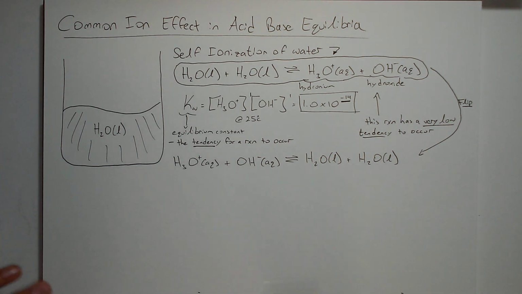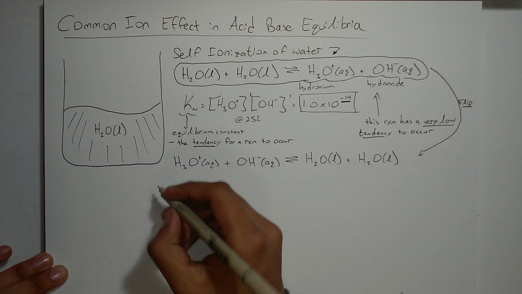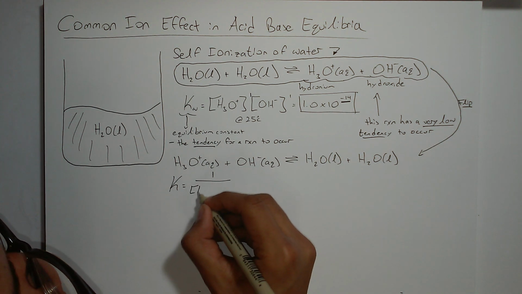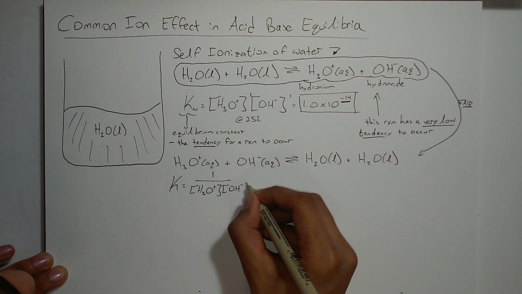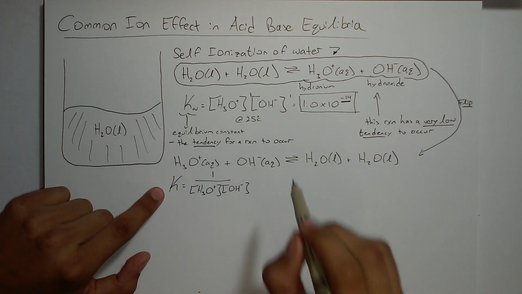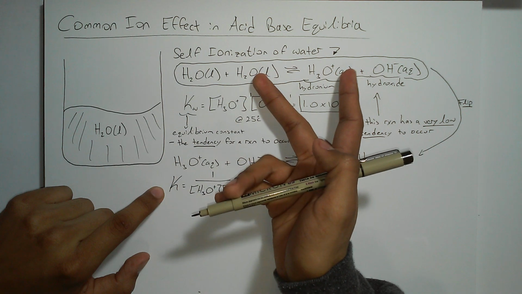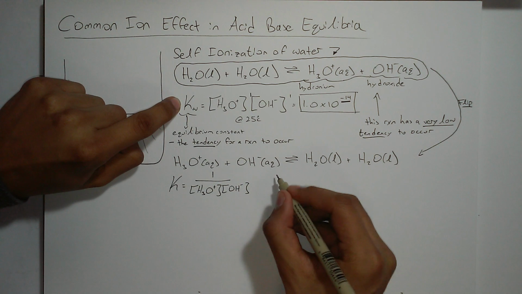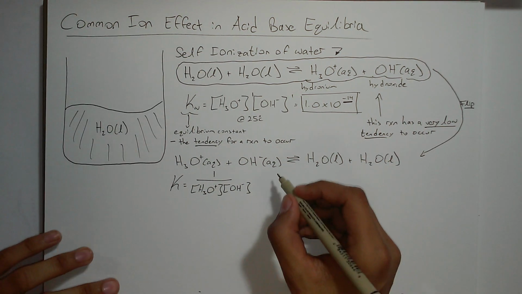If I was to ask you again, we know if we were going to write down the equilibrium constant for this reaction, we know that K would be equal to 1 over the concentration of H3O+ times the concentration of OH-. Now, if I was actually to tell you what's going to be the equilibrium constant for this expression, we learned in chapter 15 that whenever you flip a reaction that goes to equilibrium, you take the value of K and take 1 over that particular value.